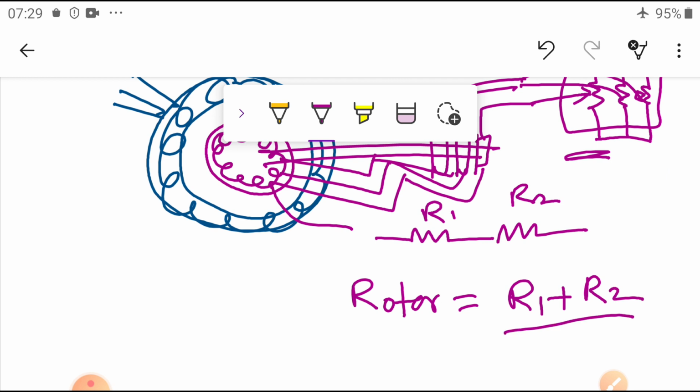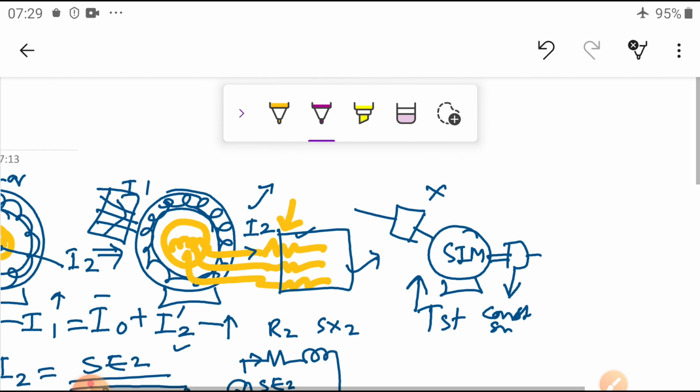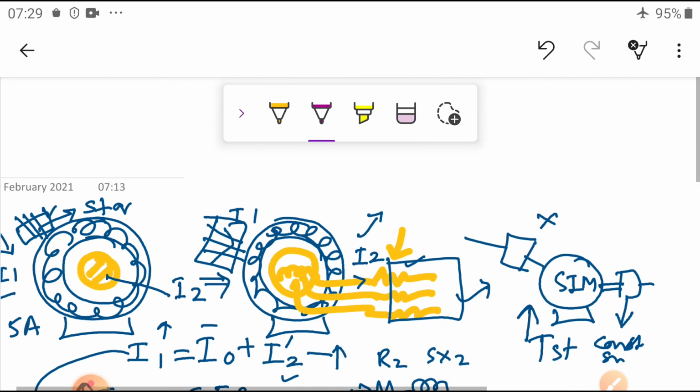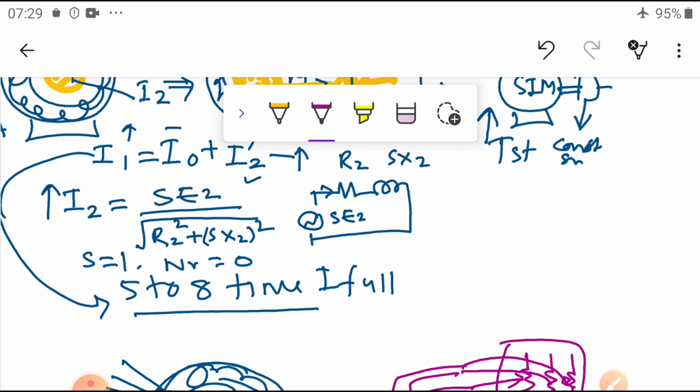So due to R1 and R2, the rotor resistance increases. That means instead of the secondary being short circuited, we are going to add some external resistance here. Instead of short circuited, I connected the secondary with some resistance.